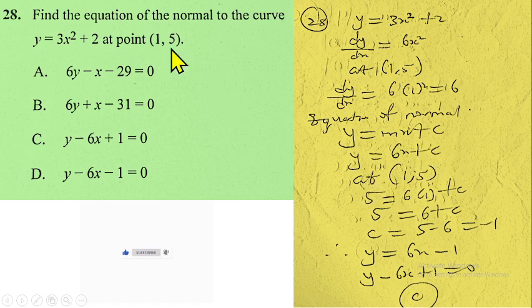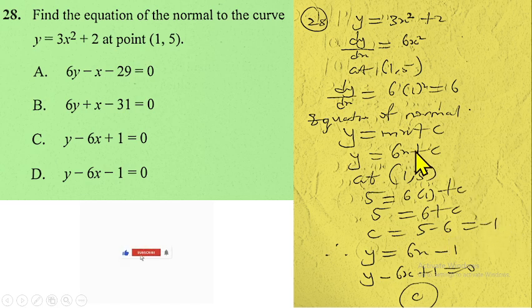Then at this point we can find c, the y-intercept. At 1 comma 5, y is 5 and x is 1. So 5 equals 6 times 1 plus c, so 5 equals 6 plus c. Then c is 5 minus 6, which gives us minus 1.